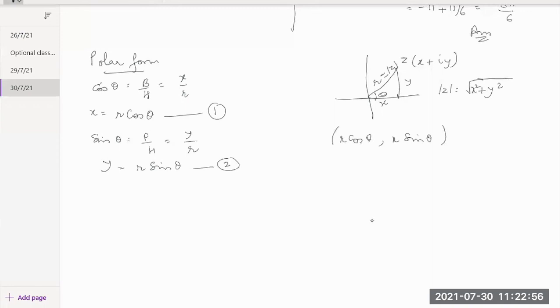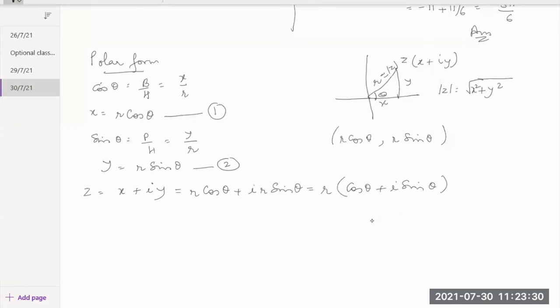Okay. Now, see, z was originally what? x plus iy. Now, if I substitute for x as r cos theta, and similarly for y as r sin theta, I'm going to get r outside and cos theta plus i sin theta. This is the polar form representation now of the complex number.